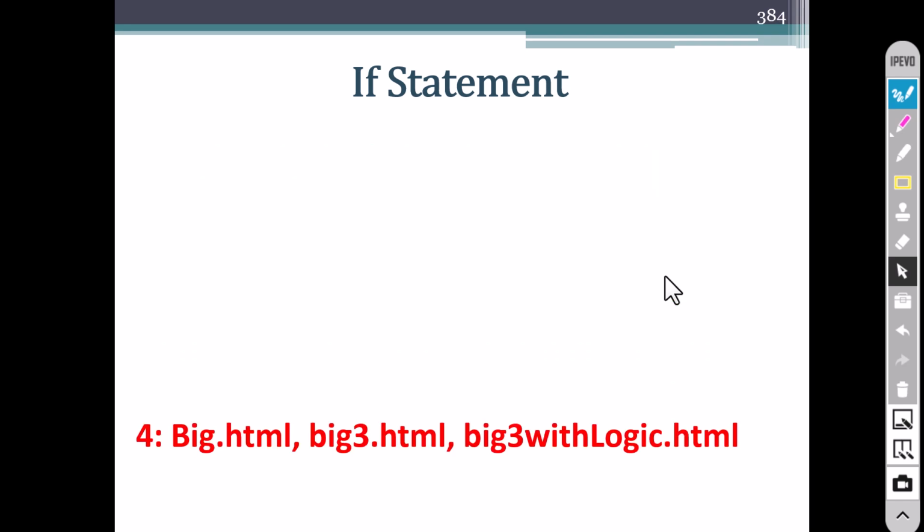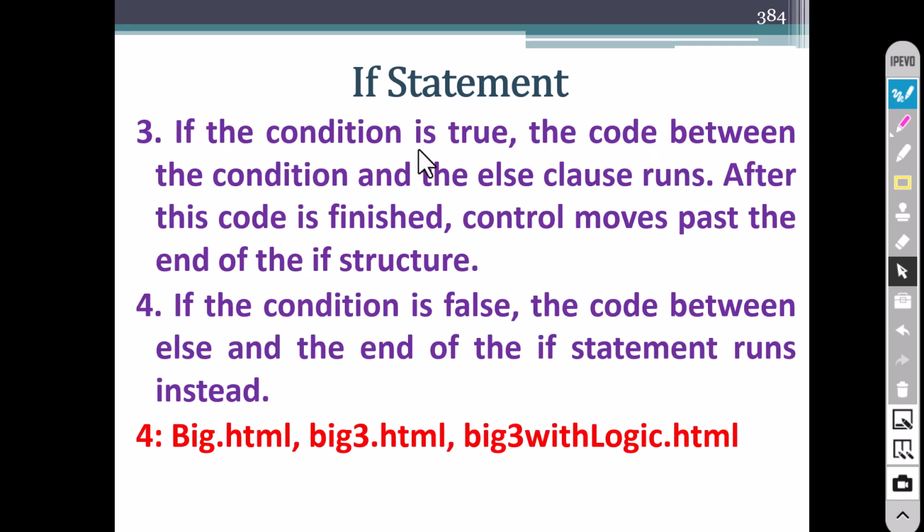If the condition is true, the code between the condition and the else clause runs. After this, control moves past the end of the if statement. If the condition is false, the code between else and the end of the if statement runs instead.